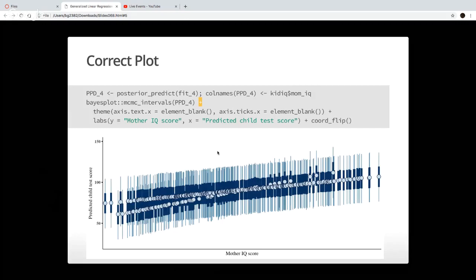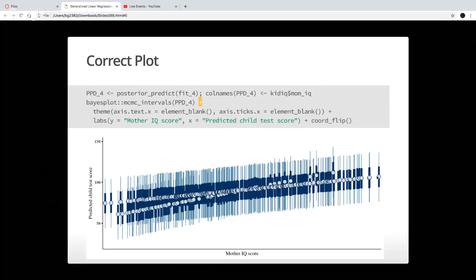This one shows 50% and 90% intervals around that line, both for the women who did not graduate from high school, which is like that, and the women who did, which is a line that is less steep. So the dark blue bands are 50% credible intervals around the median, and the lighter blue bands are 90%.